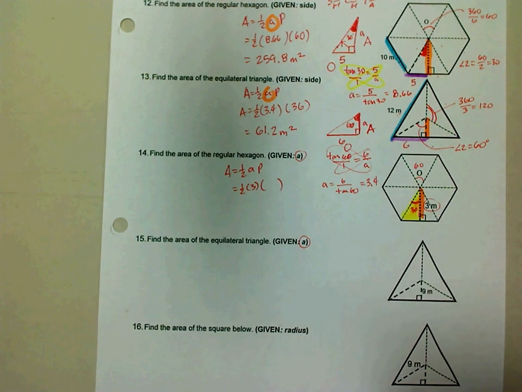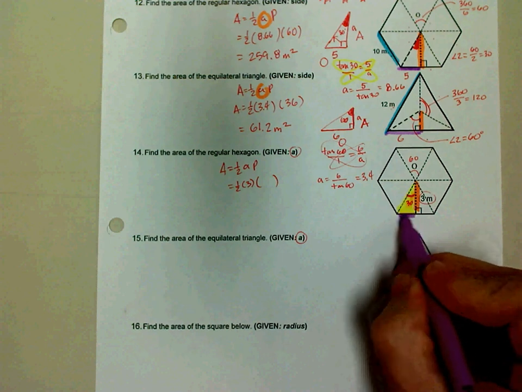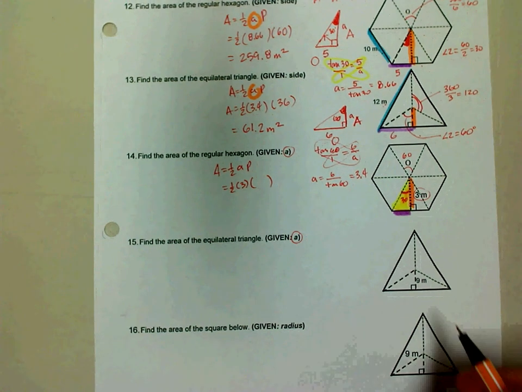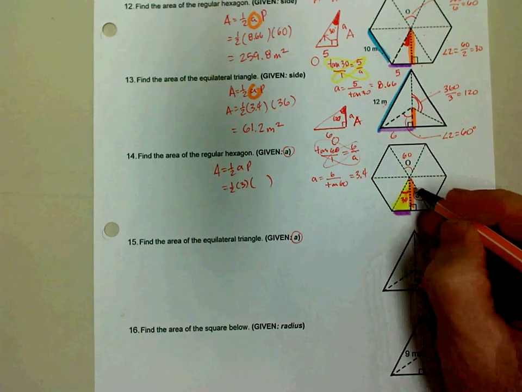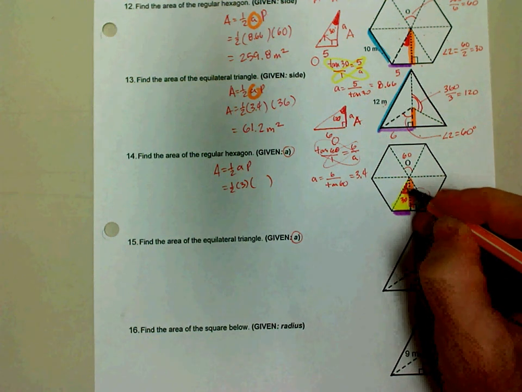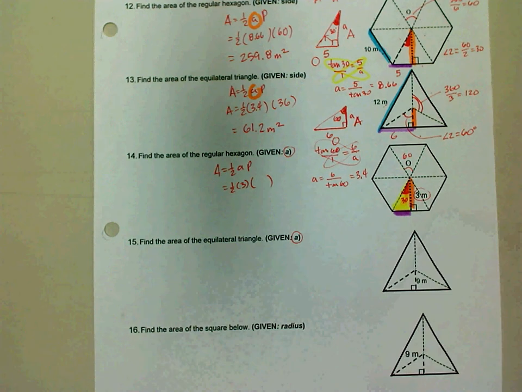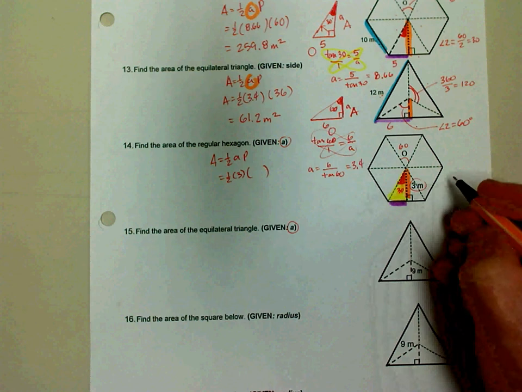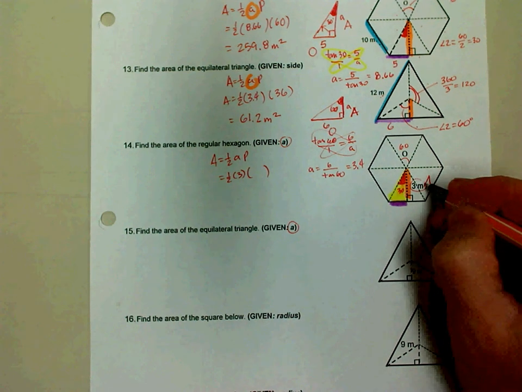Go right back to SOHCAHTOA again. We've got SOHCAHTOA written at the top. Let's shade our 30-degree angle. 3 meters in this case is adjacent, and that's our apothem. Remember what we talked about up here. Apothem's always going to be the adjacent.